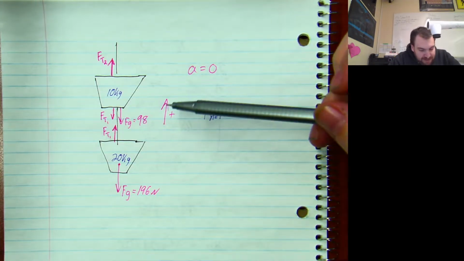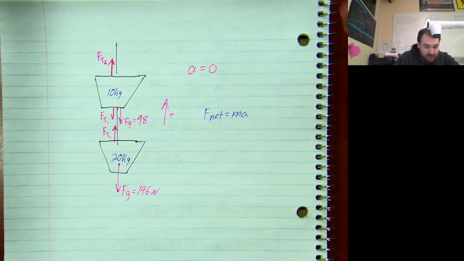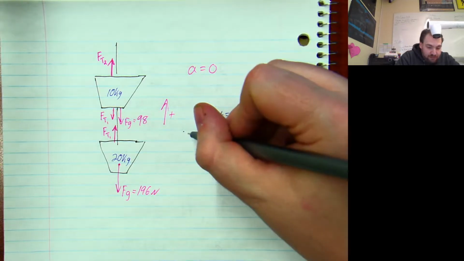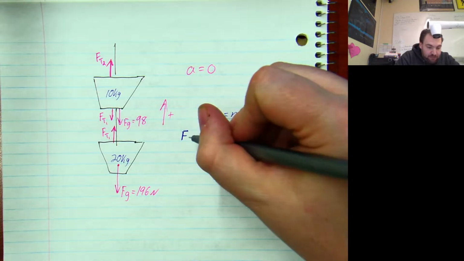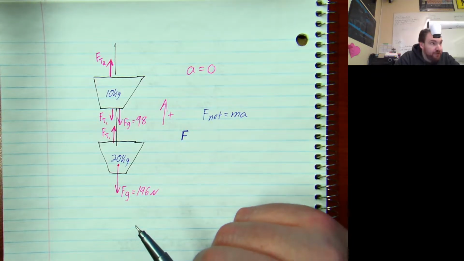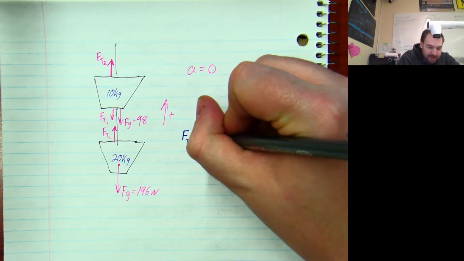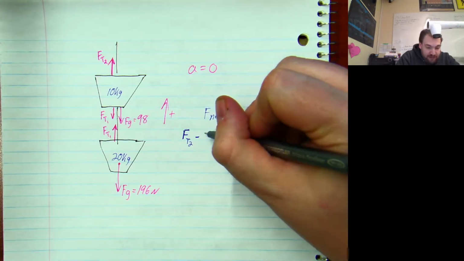What if up is positive, what's the F net expression going to be? FT what minus FT what? FT2 is acting up, so that's positive. Minus FG.